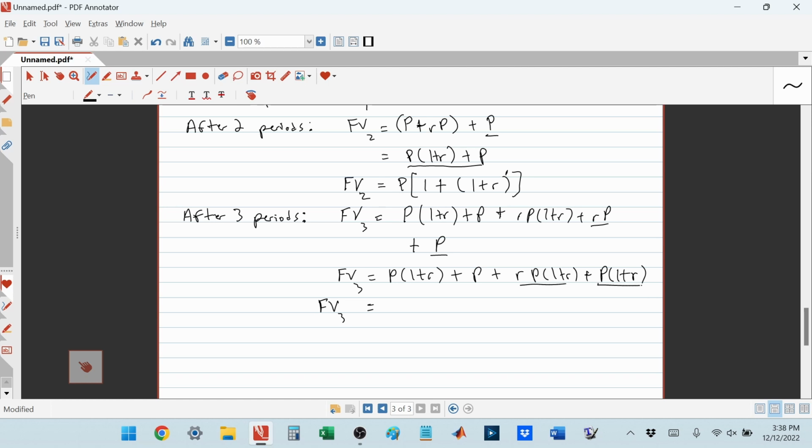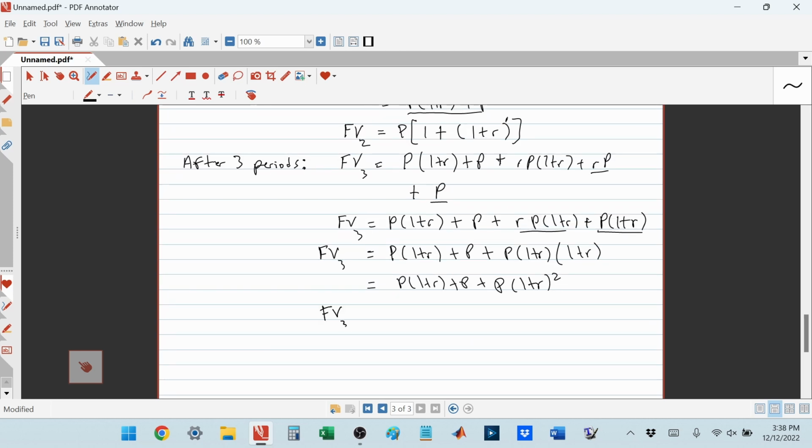What's common to these two terms? P times 1 plus R. So pull P times 1 plus R out and multiply by 1 plus R. We'll have P times 1 plus R, P times 1 plus R squared.